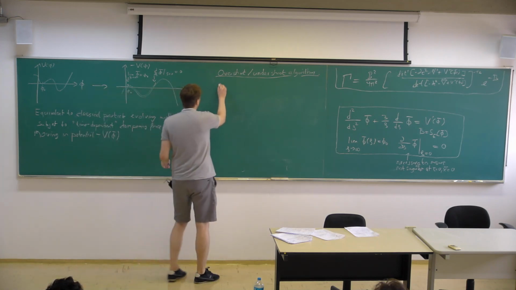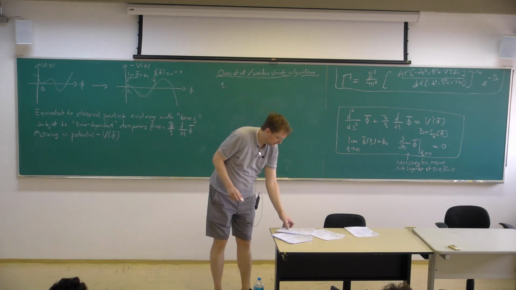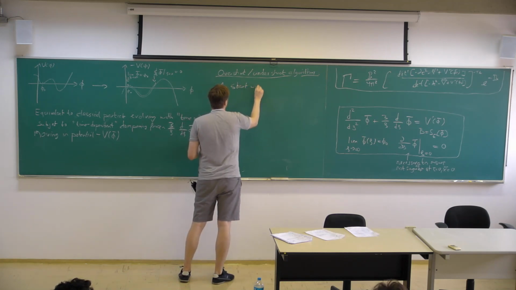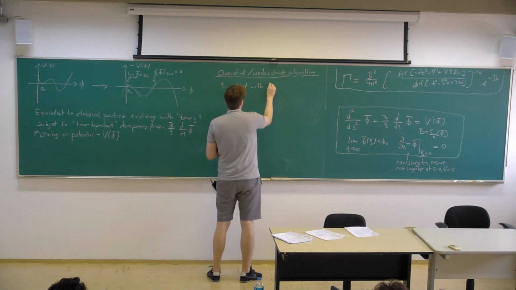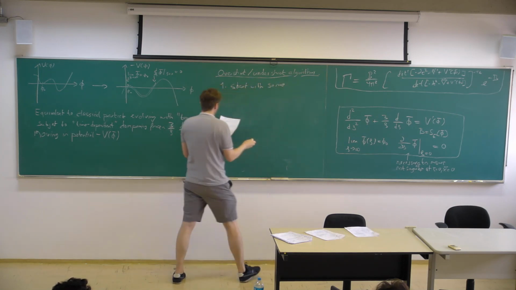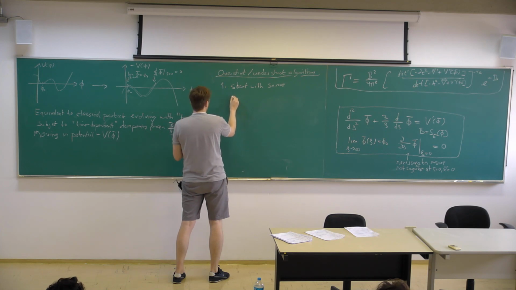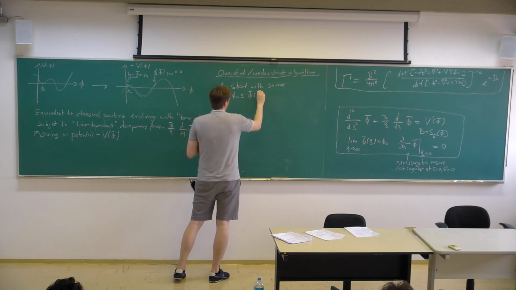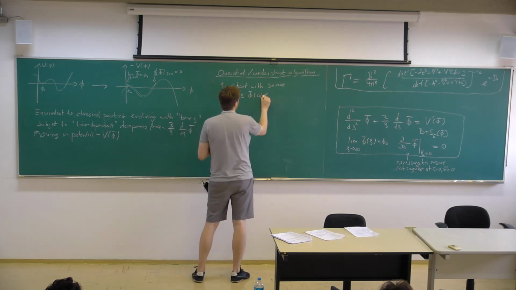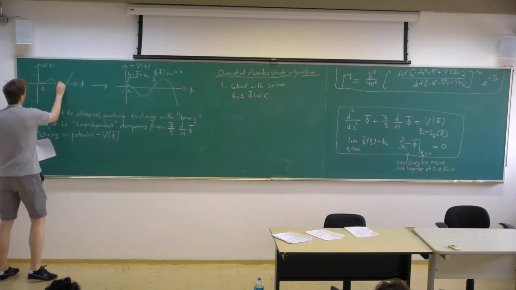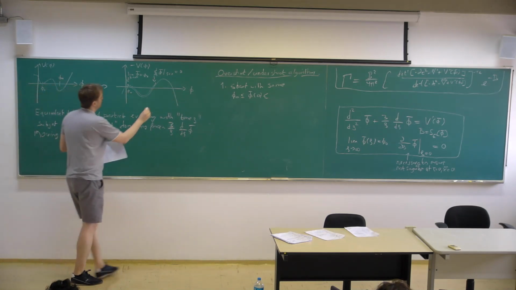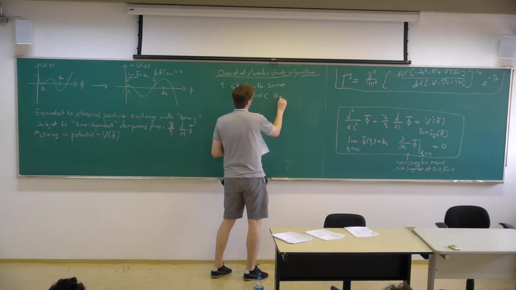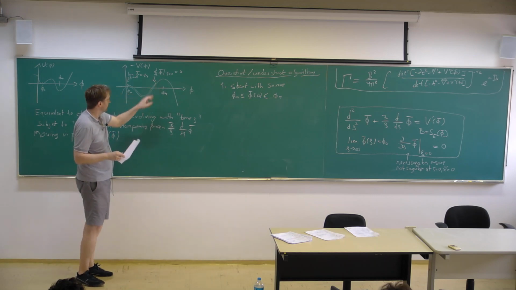So you start with some value at initial time rho 0, and let me call this value here phi 1, so some starting value between phi naught and phi 1.